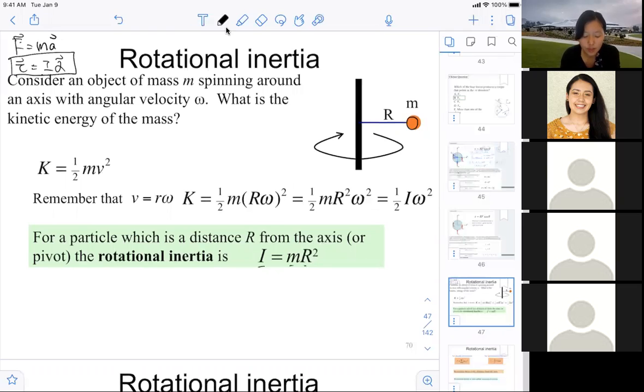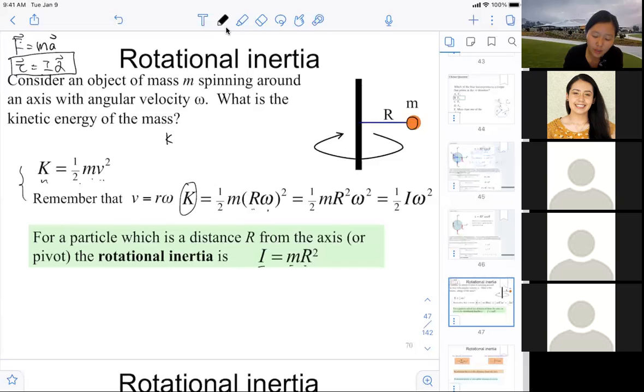Okay, so here is a short derivation showing why it is exactly that format. We can quickly see this by the kinetic energy. Translational kinetic energy is 1/2 mv squared. Now, what about rotational kinetic energy? If you change v to omega, it becomes r omega squared. And you can see that the kinetic energies should have a very similar format.